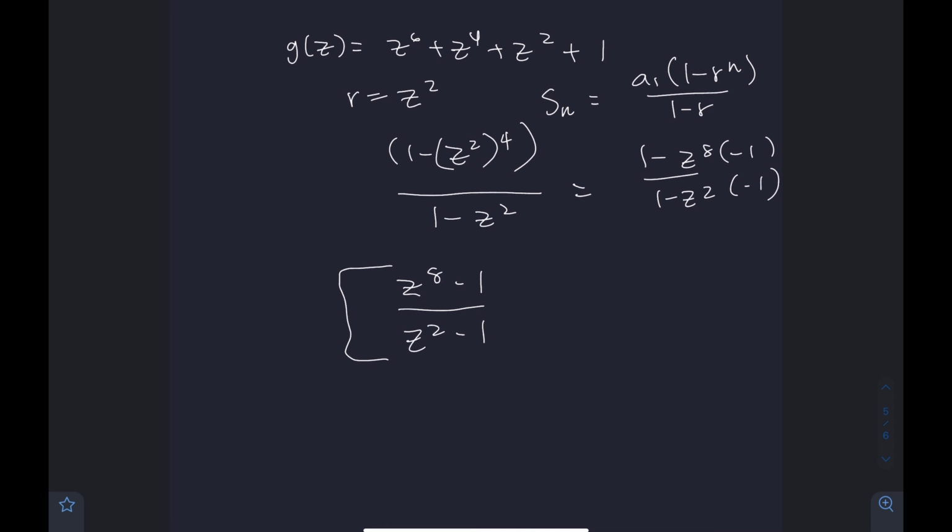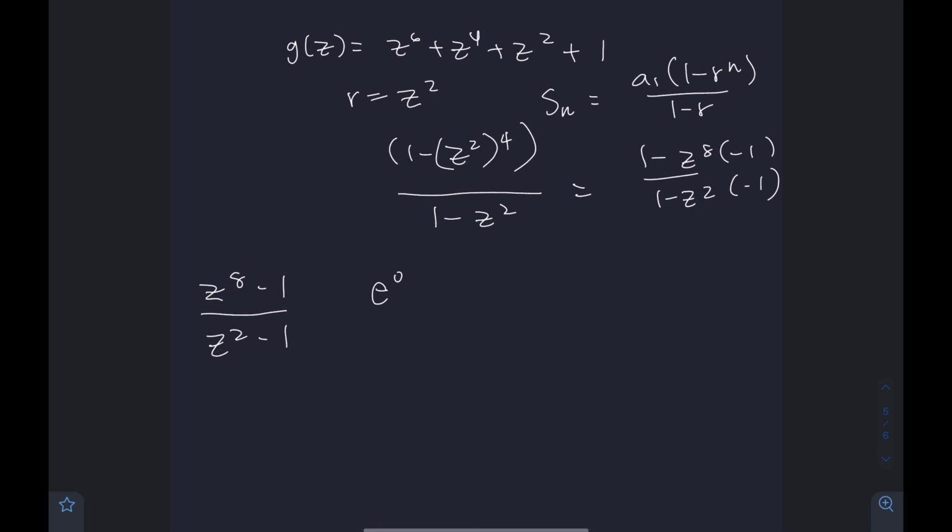Now this whole expression equals 0 when z to the 8th minus 1 equals 0. So what we've just done is convert this into a roots of unity problem. So now our new problem is to find the 8th roots of unity. And if you know trigonometry, then that will just be e to the 0, e to the 2 pi over 8, or pi over 4, and so on.